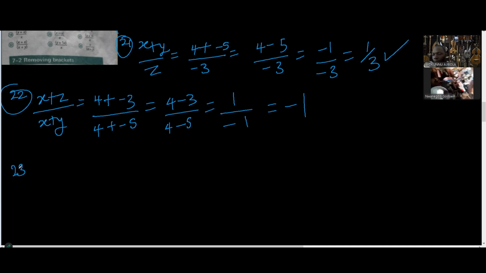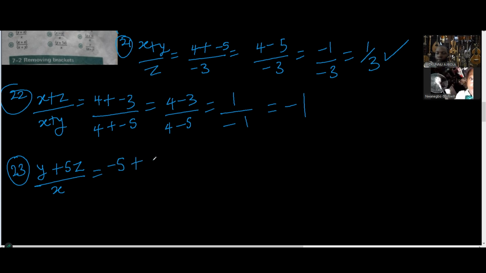Number 23, we'll go y plus 5z over x. Y is negative 5 and 5z. So z is negative 3, then over 4, which is x.